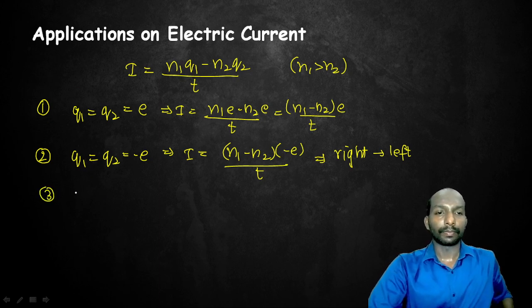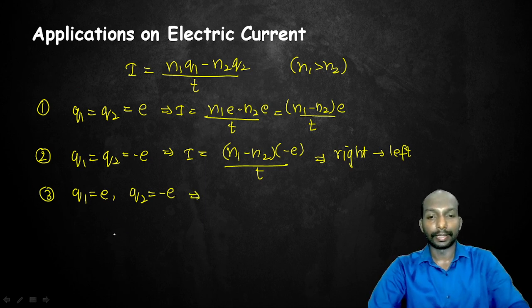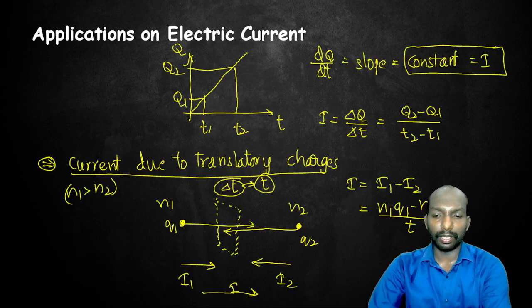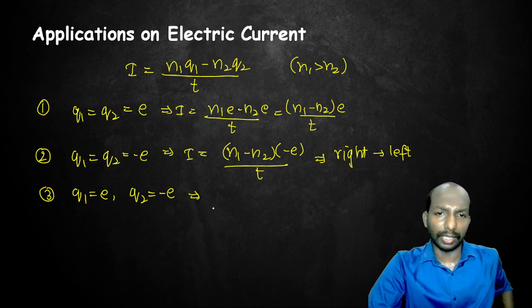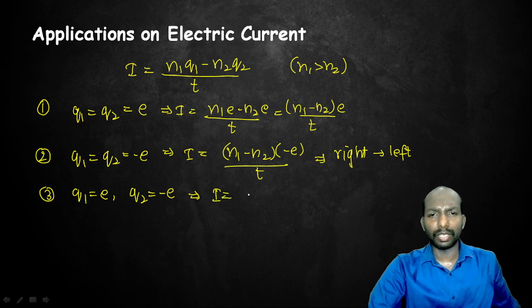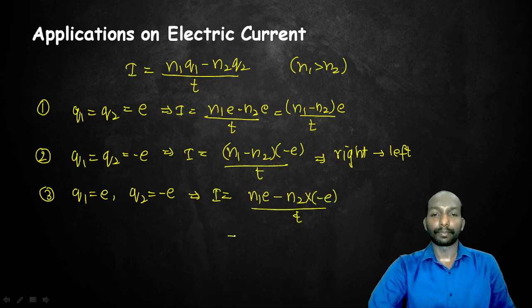And suppose q1 equals e and q2 equals minus e. In this case, protons are moving from left to right and electrons are moving from right to left, so we have taken opposite charges. In this case, I equals (n1 q1, which is e, minus n2 q2, which is minus e) by time t. This gives (n1 plus n2) e by t.